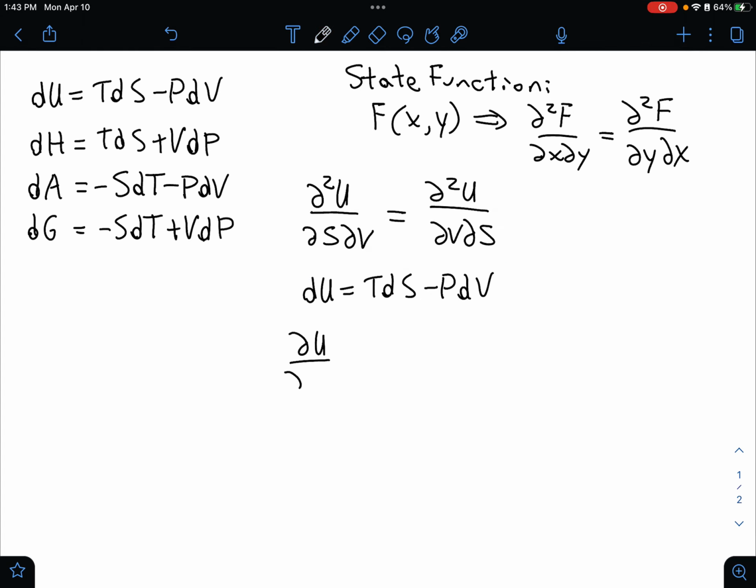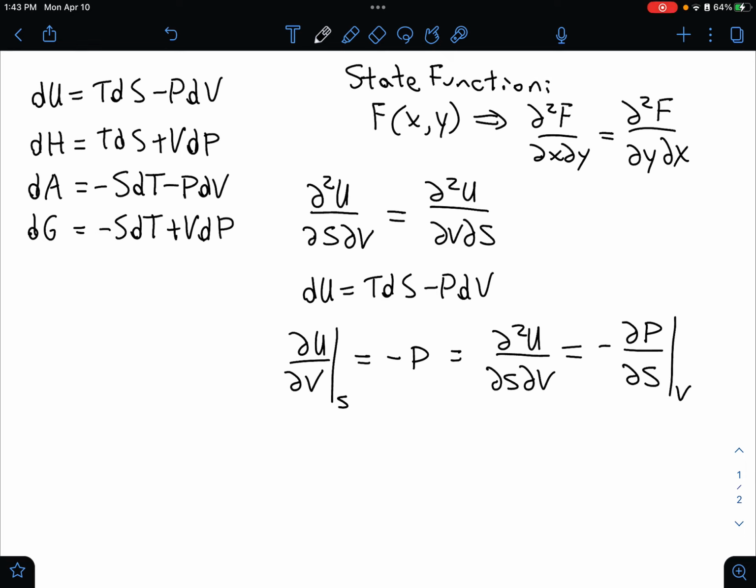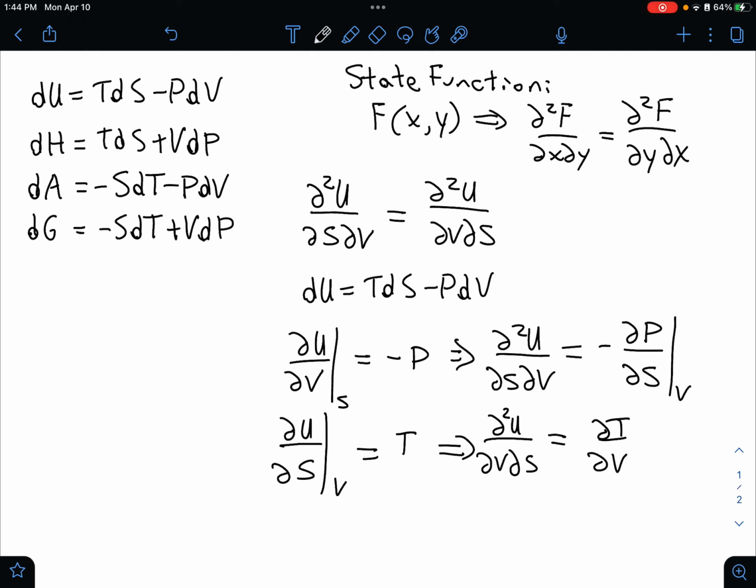So dU dV at constant S is going to equal minus P, so d squared U dS dV is going to equal minus dP dS at constant V. And dU dS at constant V is going to equal T. That implies d squared U dV dS is going to equal dT dV at constant S.